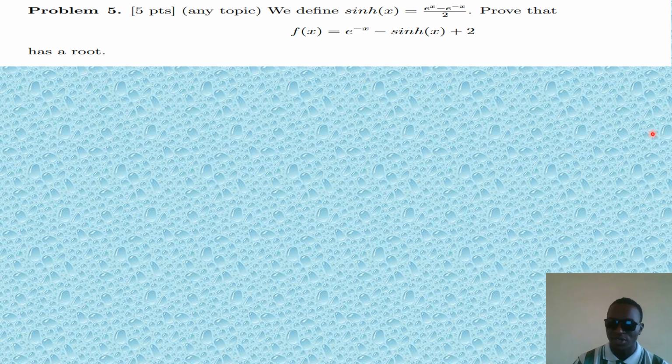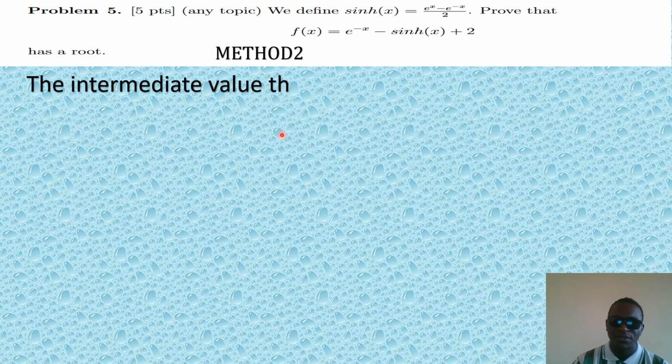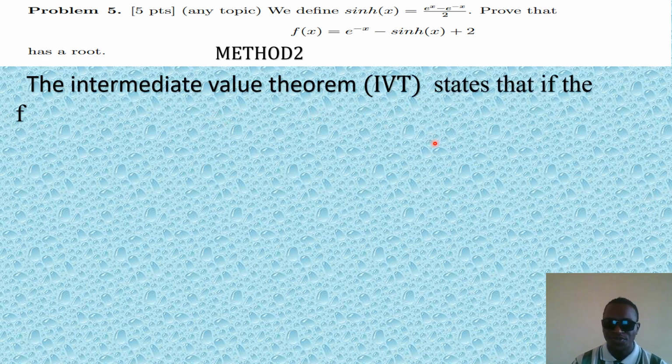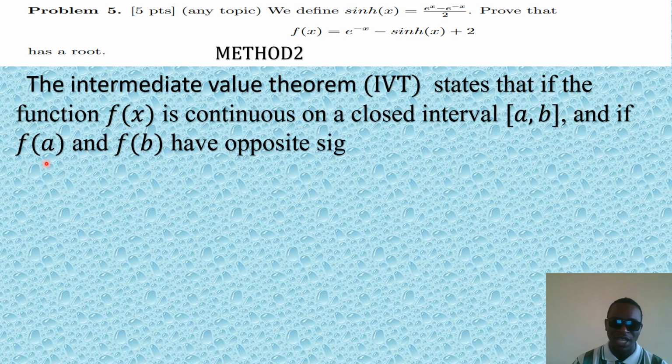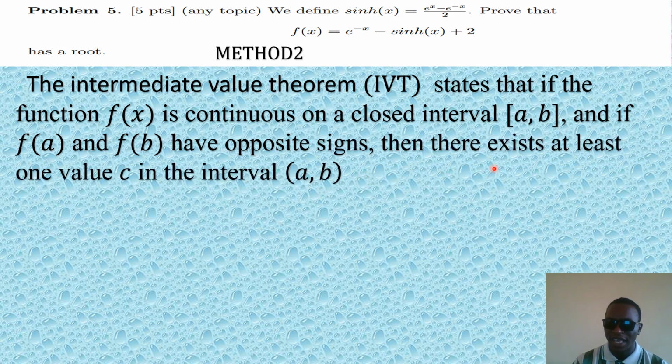If an interval was given, we would have applied the intermediate value theorem. The intermediate value theorem says that if a function f is continuous on a closed interval a, b, and the function values at the extremities a and b have opposite signs, then there will exist at least one value c in the open interval a, b such that f of c is 0, and that c is the root of that equation.